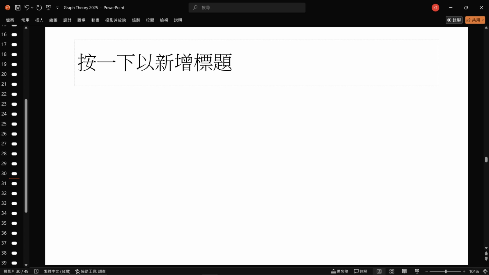The reason that we have this -1 for these degrees is because we add edges between these vertices and Vn.